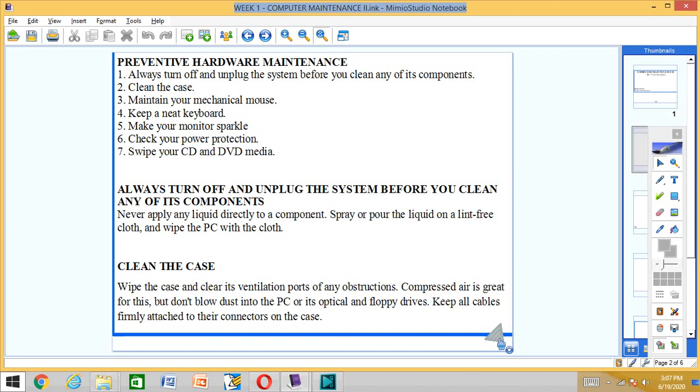Clean the system casing or system unit casing by using a damp cloth to wipe the body of the system case until it is very clean.